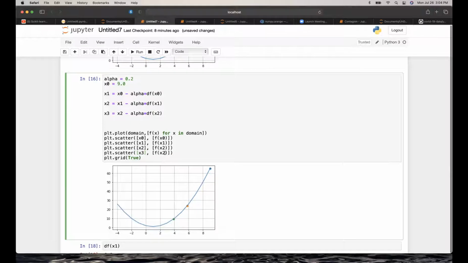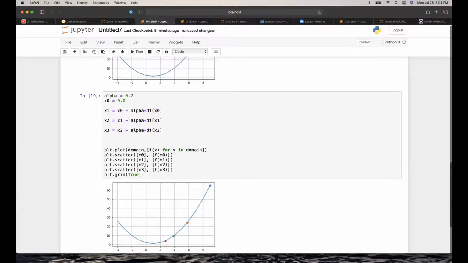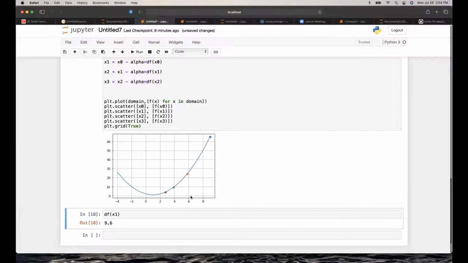So how far did we go now? See, because the slope of the tangent line is decreasing, we're slowing down. When we subtract off, we're not stepping as far.